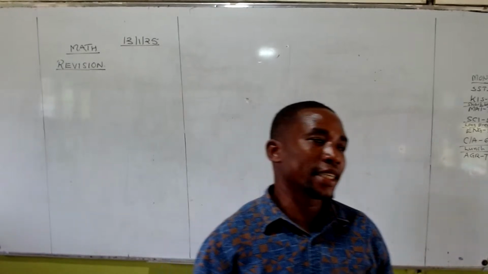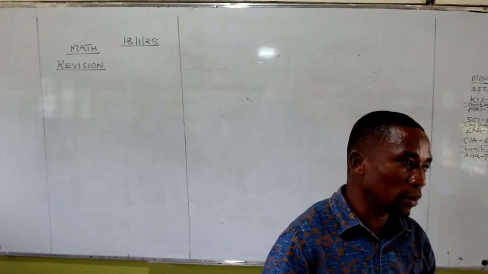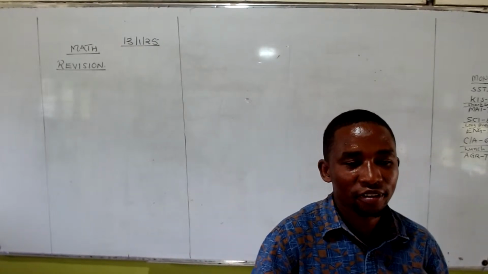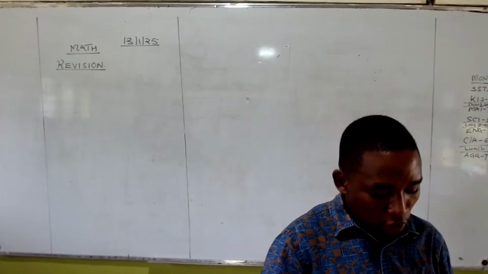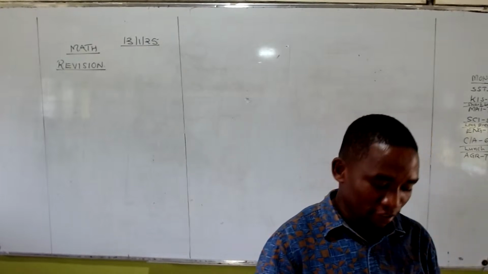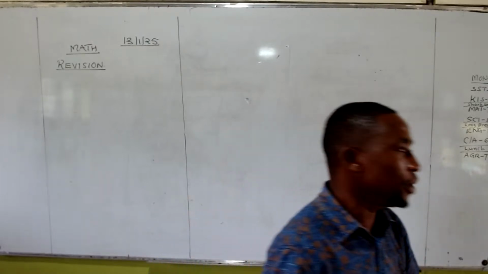In mathematics, as I said, I'm going to handle you mathematics in grade 5. Mathematics grade 5 is very easy. What you learn in grade 4, here is a continuation. In grade 4, we started with the numbers.